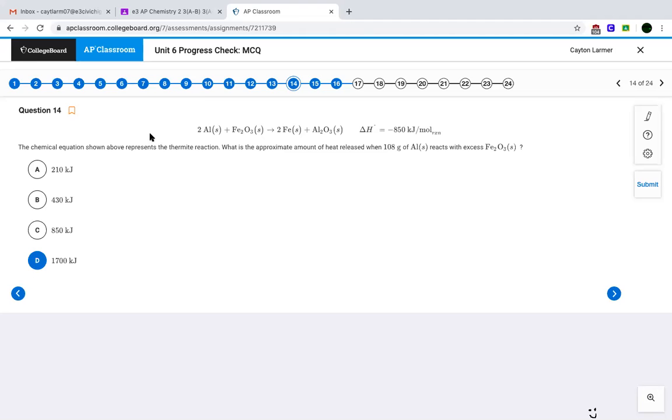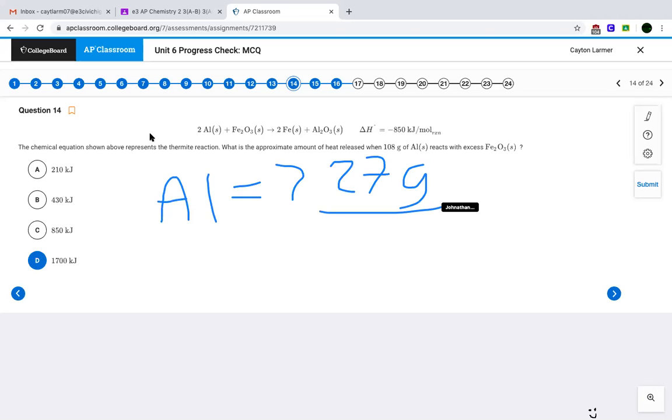Okay, go for it, guys. Hey Siri, set timer for 2 minutes. Okay, 2 minutes and counting.